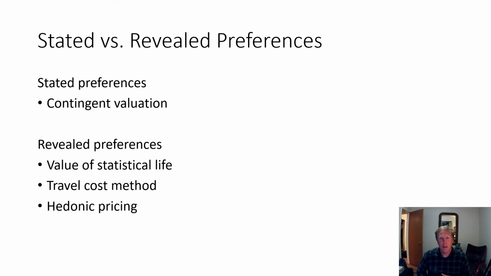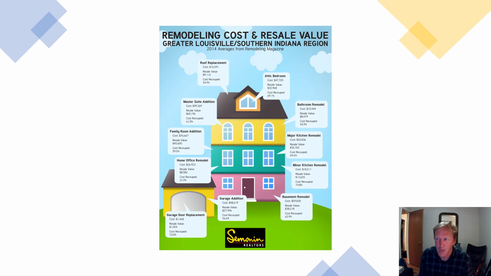And now we're going to talk about hedonic pricing. This falls under this realm of revealed preferences. We're going to be looking for markets that have some sort of component that is tangent or related to the environmental amenity or the issue that we're trying to look at.